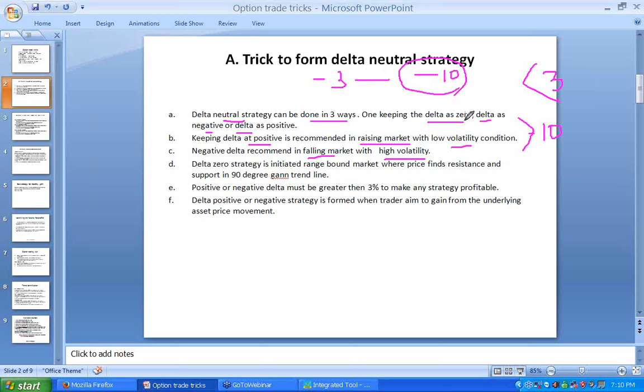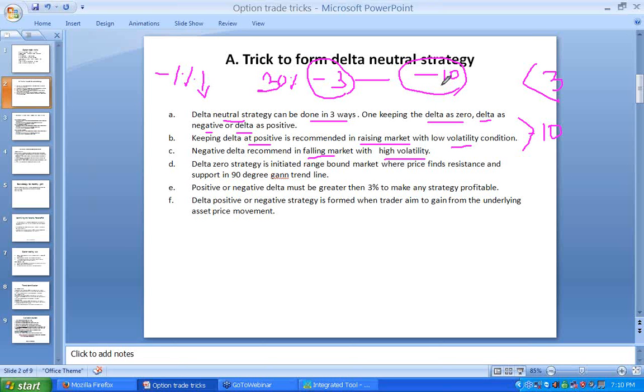So if the net delta is -3 and the underlying asset, Nifty, falls by 1%, then your -3 delta means the intrinsic value of these options can grow by 30%. -10 means a 1% fall will invite a 100% growth in the intrinsic value component. So 3 to 10 is an ideal level.